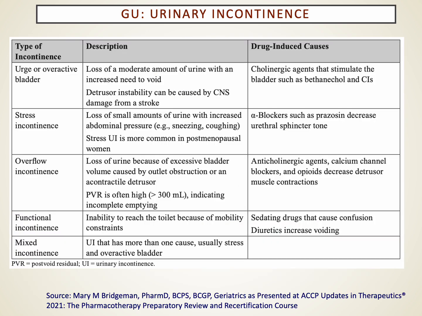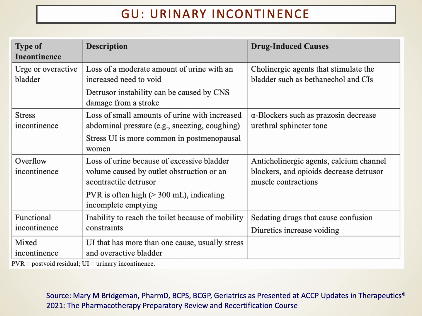When we think of urinary incontinence, we need to differentiate the types of urinary incontinence, how they present, and whether or not there is a drug cause for it. So before we add drug therapy or intervene, sometimes the issue is to look at taking drugs away. So let's first look at urge or overactive bladder. Typically in this situation, we often want to look at agents that are muscarinic in nature that stimulate the bladder, such as bethanechol.